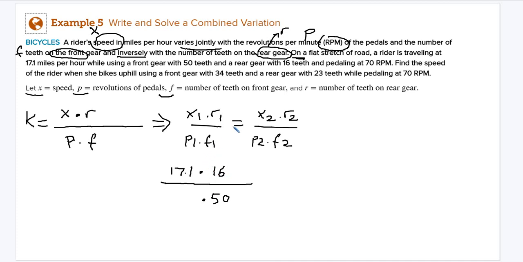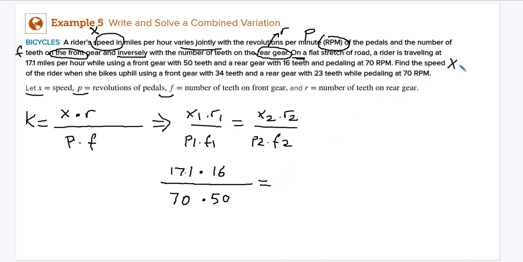16. And while we are pedaling, we are pedaling at 70 revolutions per minute. So 70 will be here, replaced with the P1. Okay, should be equal to the next numbers. Find the speed.